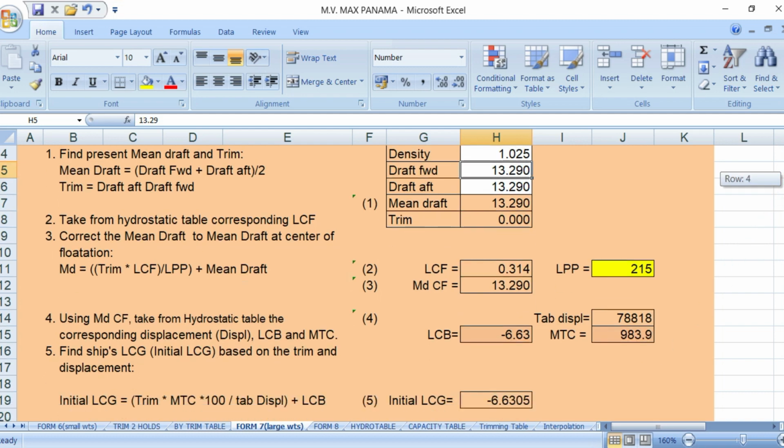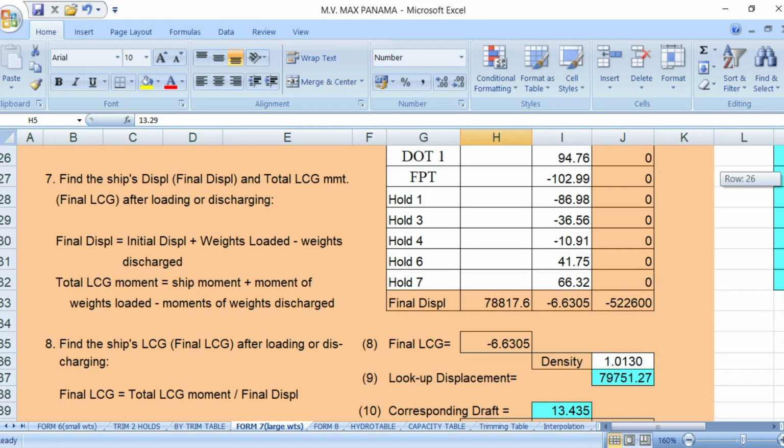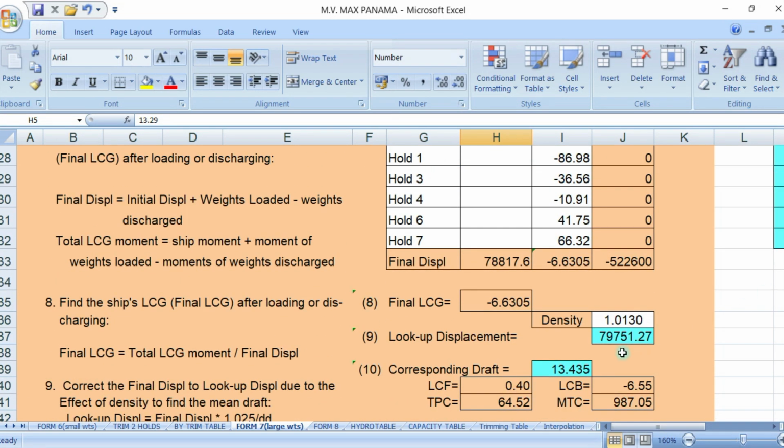Now if she floats in a density of 1.013, what would be his displacement and draft?